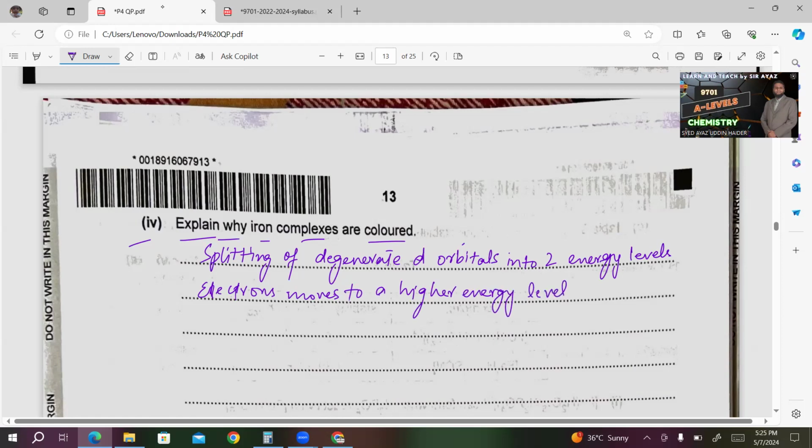It's due to absorption of energy or light energy in the visible region, and color is observed.